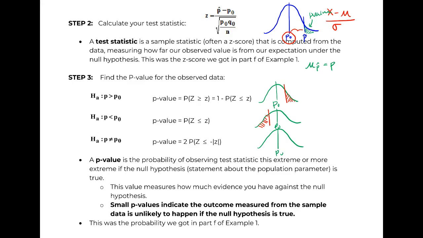And the only one that's a little bit different here is our not equal to. If I just want to show something is different, it's about being more extreme. So if we happen to have a p-hat that is larger, we're going to go to the right-hand side, but we're also going to go to the left-hand side a symmetric amount as well.